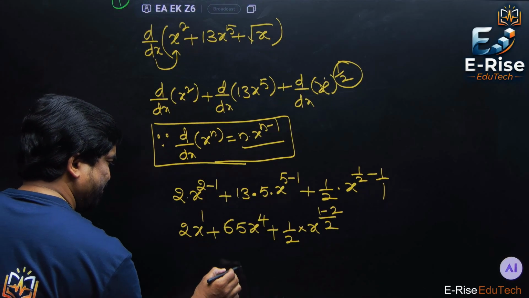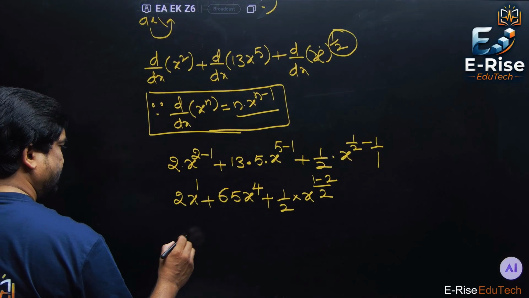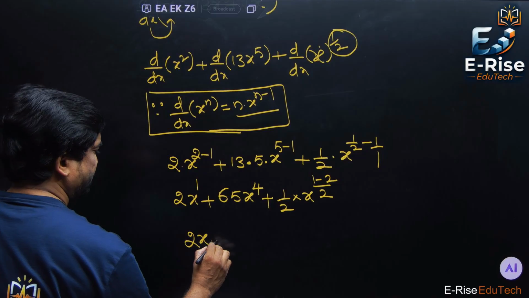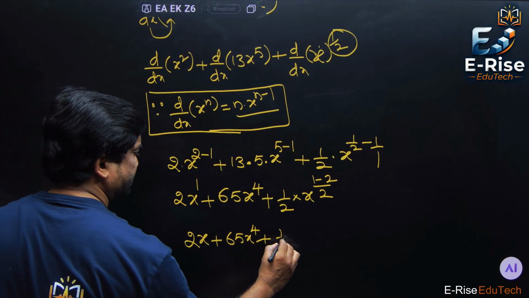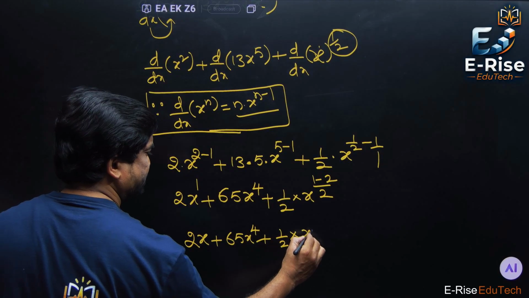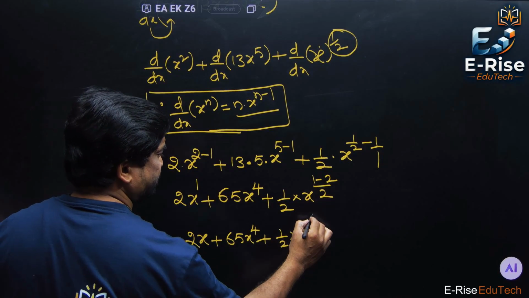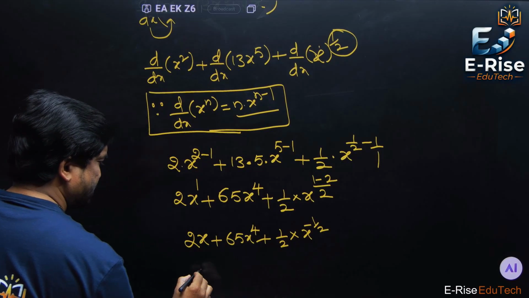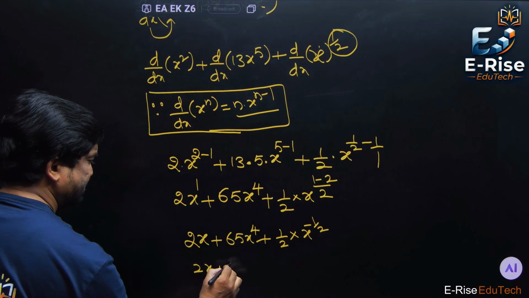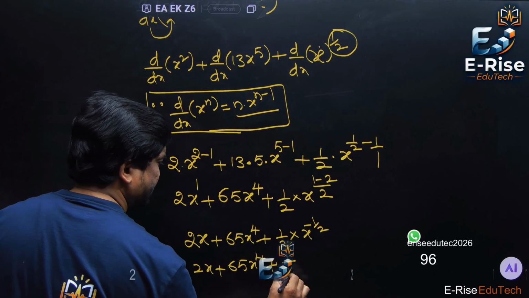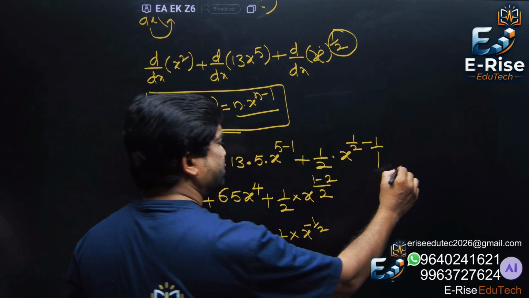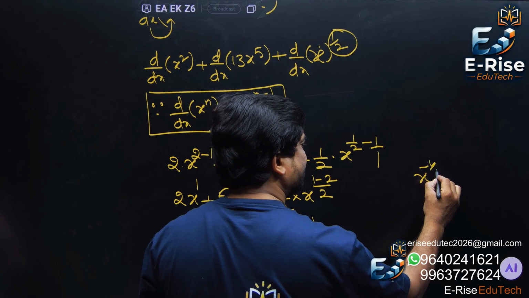So next simplification: 2x plus 65 x to the power 4 plus 1 by 2 into x to the power 1 minus 2 by 2, so 2x plus 65 x to the power 4 plus 1 by 2 into x to the power minus 1 by 2.